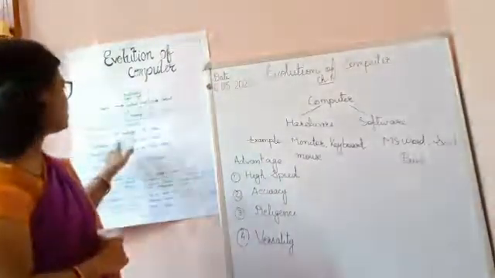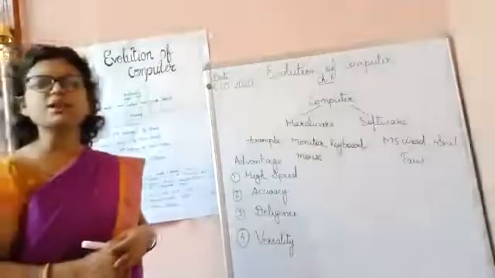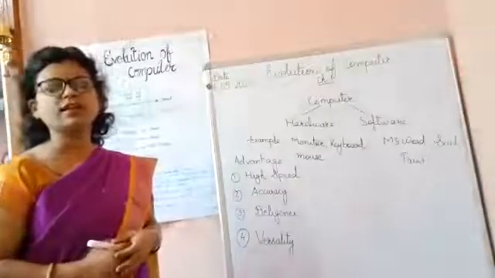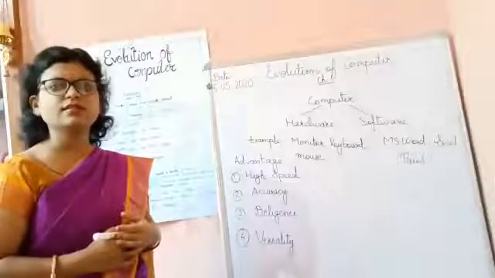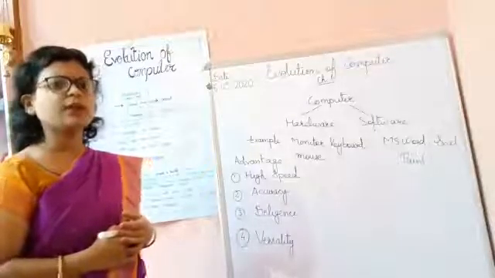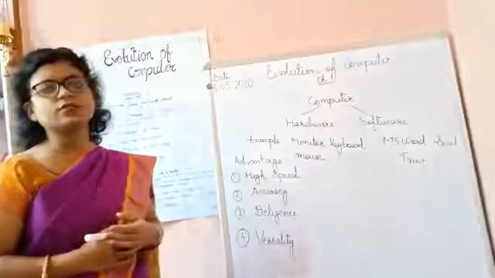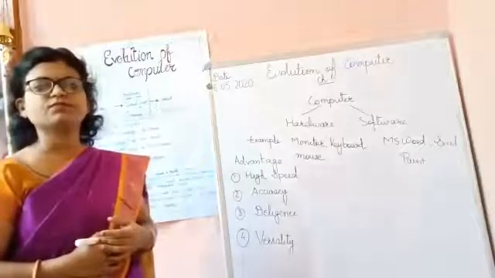But in 1642, Blaise Pascal thought that if I give another device that will be far better than the abacus, it will be easy to do the calculation.